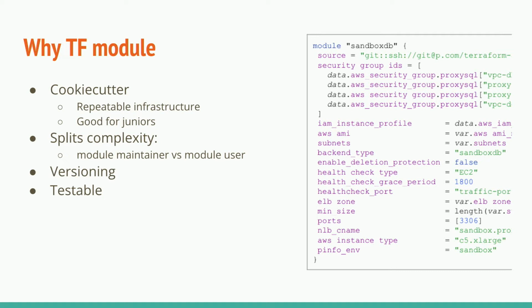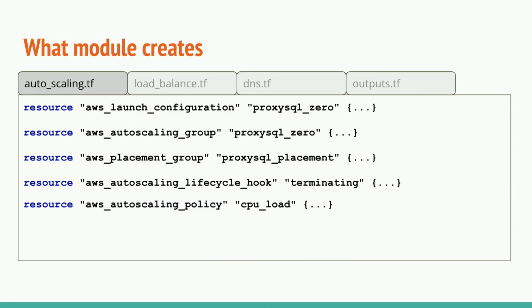So that's good. And one more benefit of the modules is that you can test them. In this talk, I will show you how we test a Terraform module, and I will use zero downtime migrations as an example.